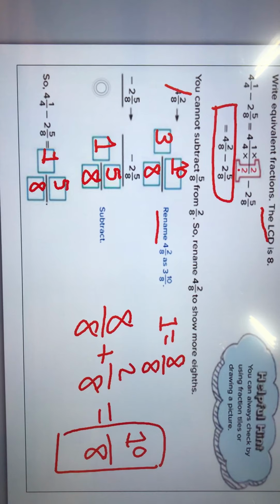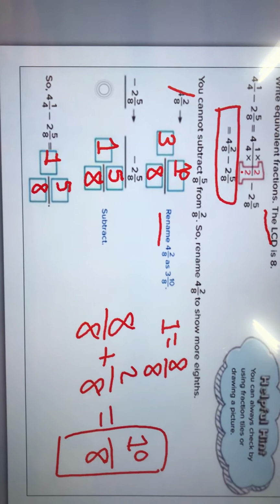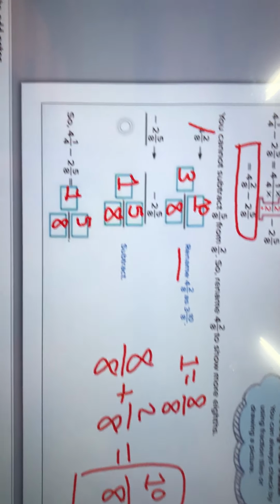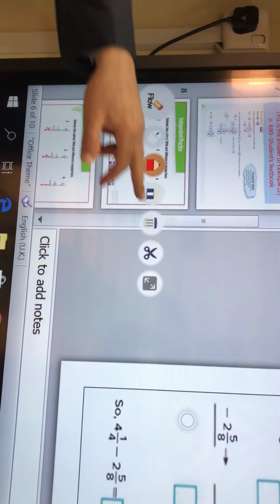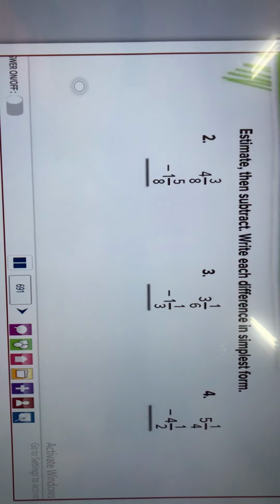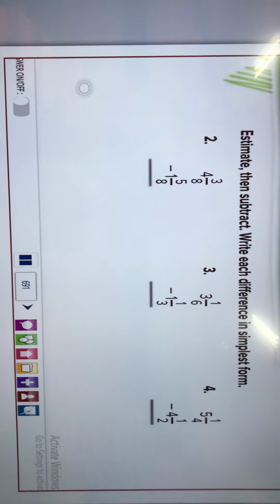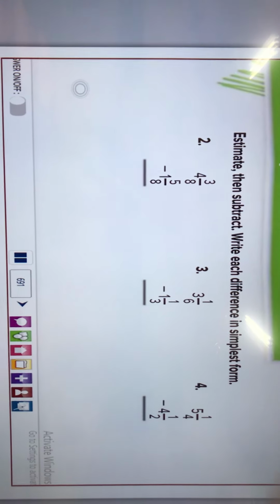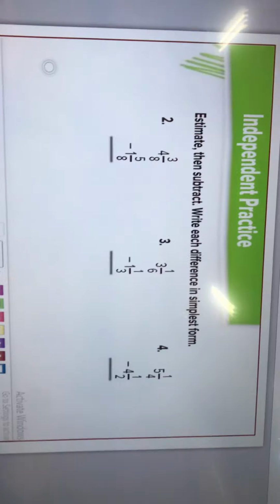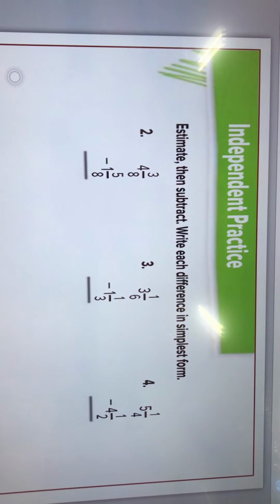I'm giving you now a practice to check yourself on what you understood from this slide. I'm giving you just a minute to think about this practice, numbers 2, 3, and 4 in your book, page number 691.